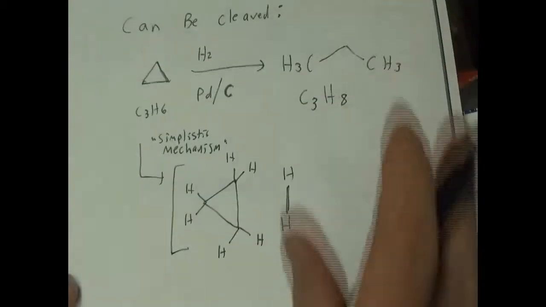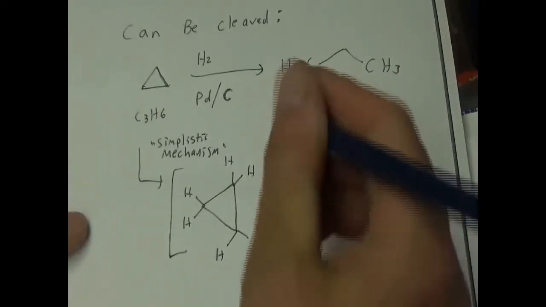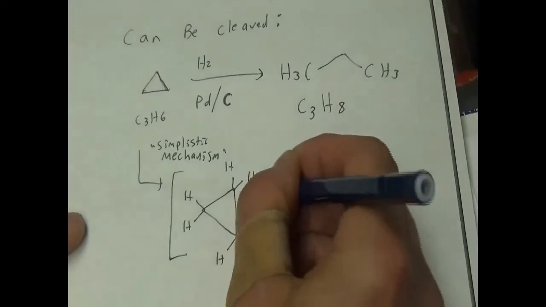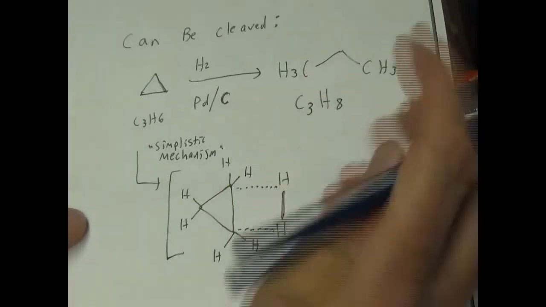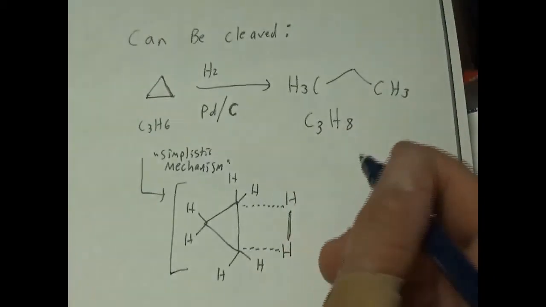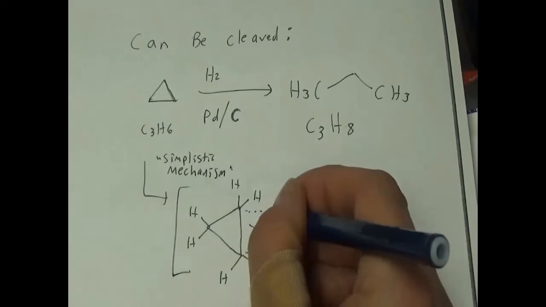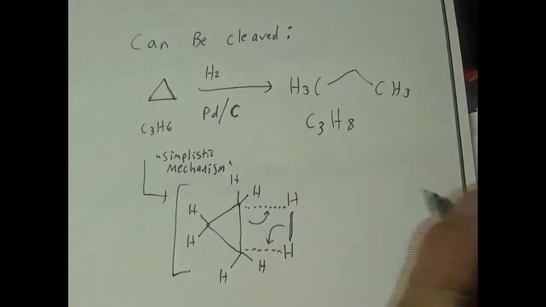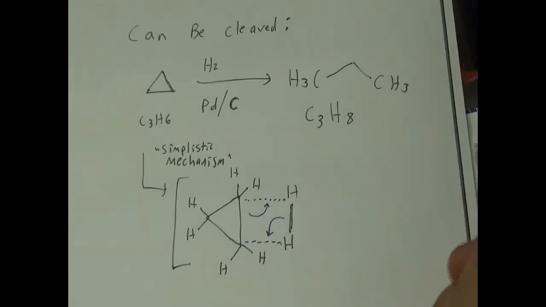To show how these would interact, I'm going to use a dotted blue line between the carbon and the H, and the carbon and the H. And then one H goes to one carbon, the other H goes to the other carbon, and the bond gets cleaved.